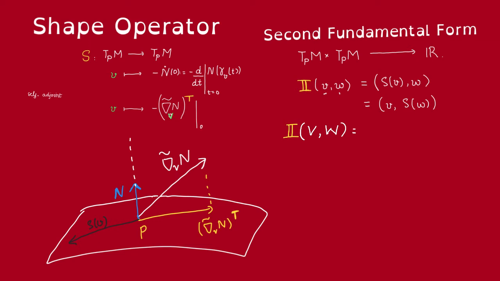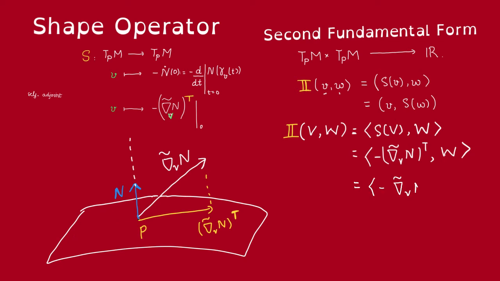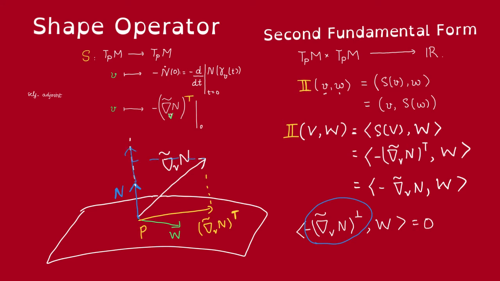Then by definition of the second fundamental form, this should be equal to the inner product of SV with W, and that, by our previous discussion, is just going to be equal to the inner product of this tangential component with W. And that's just going to be equal to taking the inner product of the full connection, not just the tangential component, with W. Why is that? Well, because this W lies in this tangent space, and thus the normal component of this vector is going to be orthogonal to W, so this is 0.